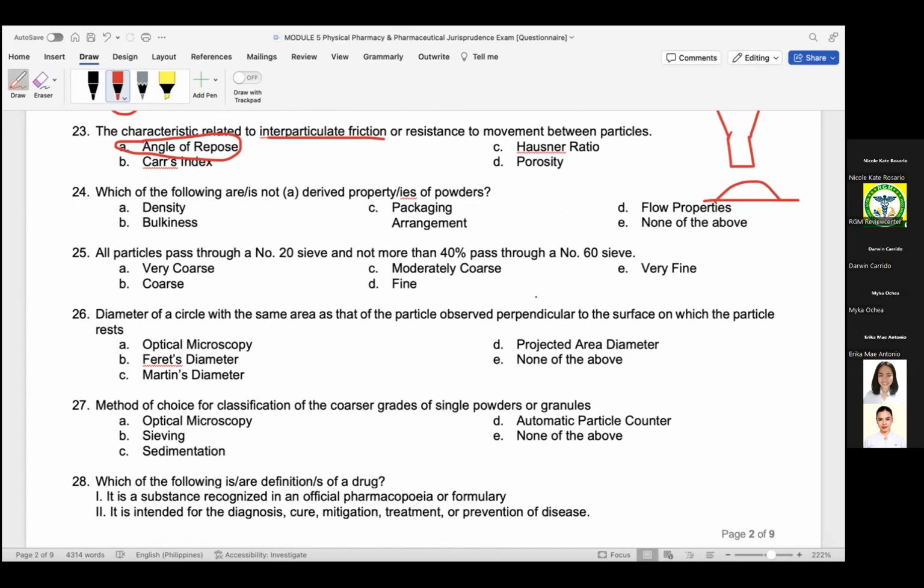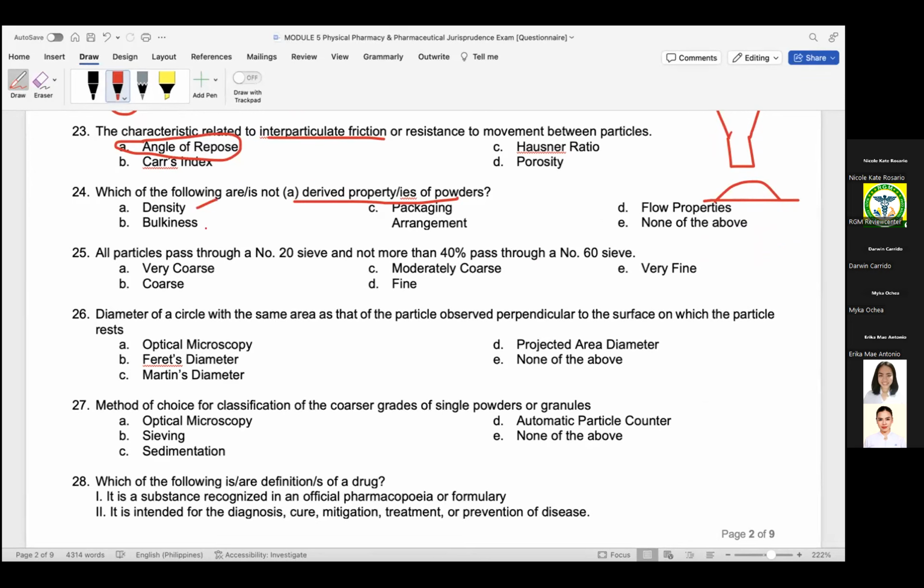Number 24, which of the following is or are not derived properties of powder? A derived property depends on fundamental properties. And again, what are the fundamental properties? There's size, surface area, what else? Shape, right? So, density is a derived property.